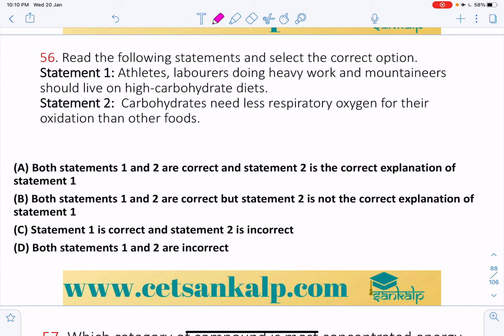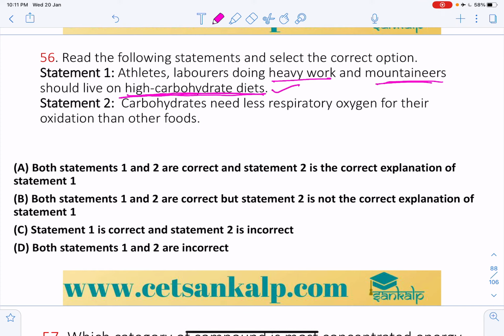Next, read the statement. Athletes, that is laborers, will do heavy work. Mountaineers, mountain dwellers means those who live in the mountain. Mountaineers means those who go from lower altitude to higher altitude. Should live on high carbohydrate diet. Yes, it is correct.